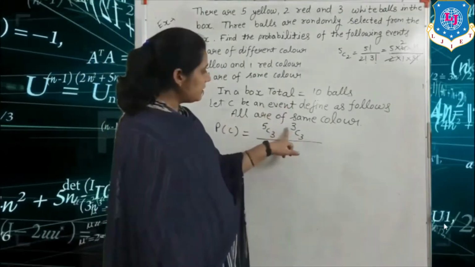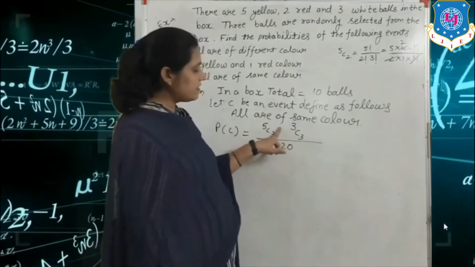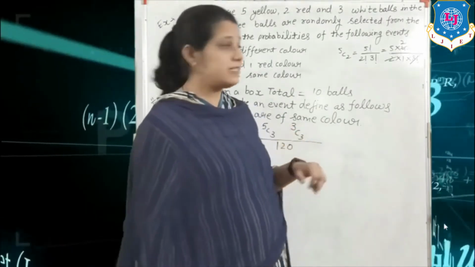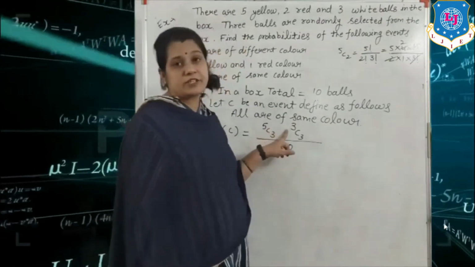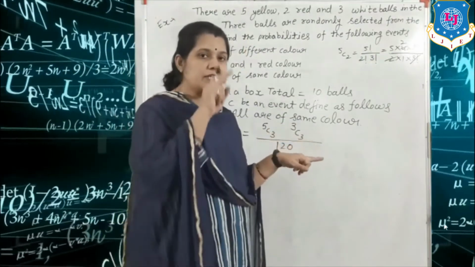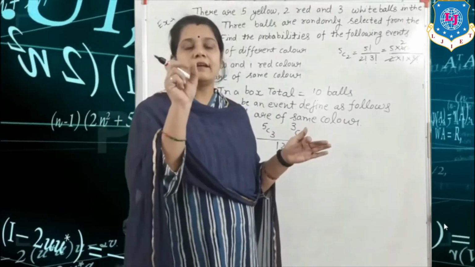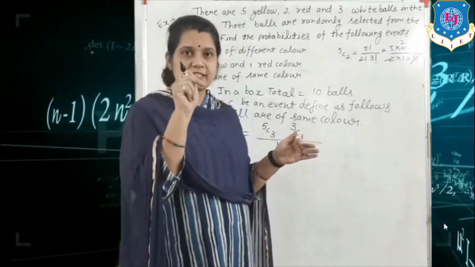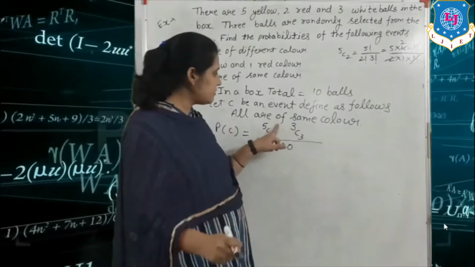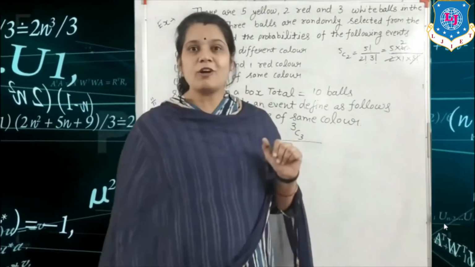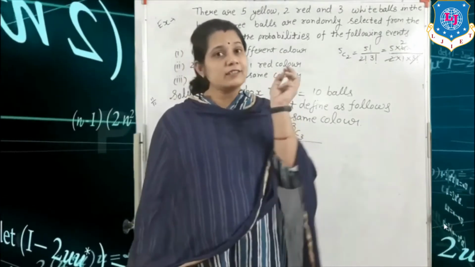Okay. But here, how do we decide whether to write the plus or multiplication sign? If we write the multiplication sign, that means and, that means intersection. If we write the multiplication sign, 3 plus 3 is a total of 6 balls, but we are selecting only 3 balls.